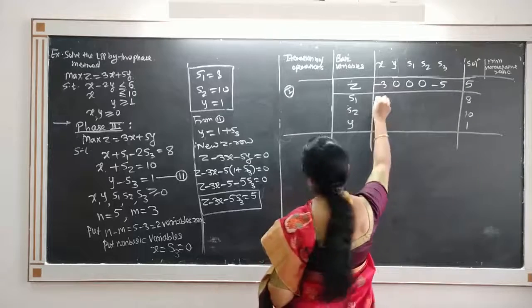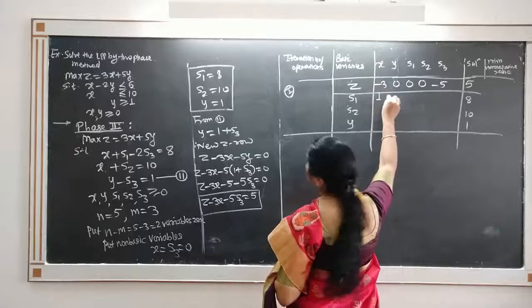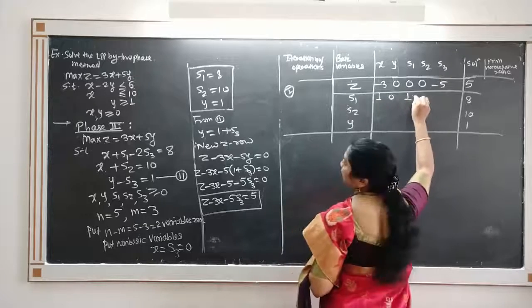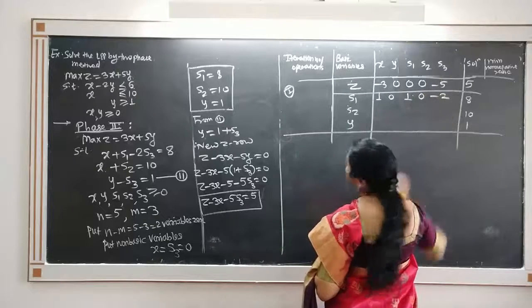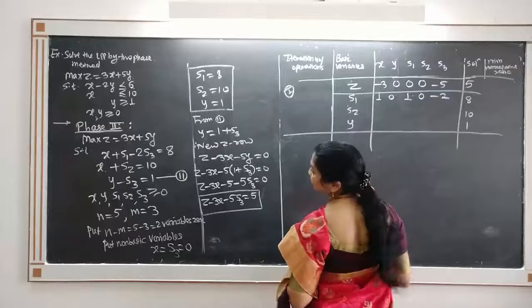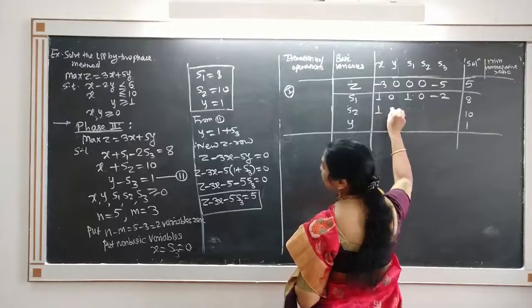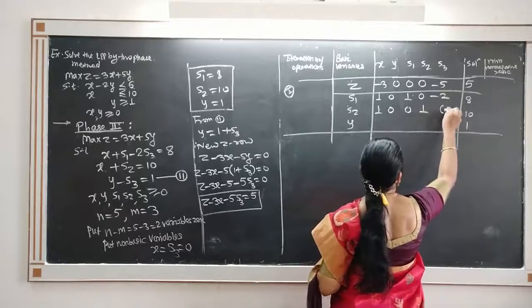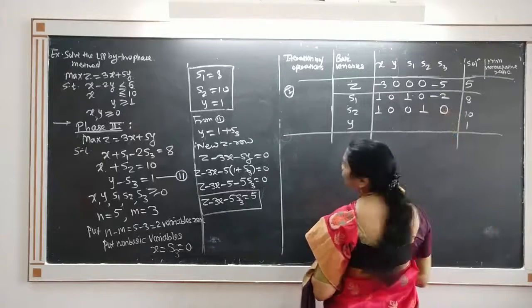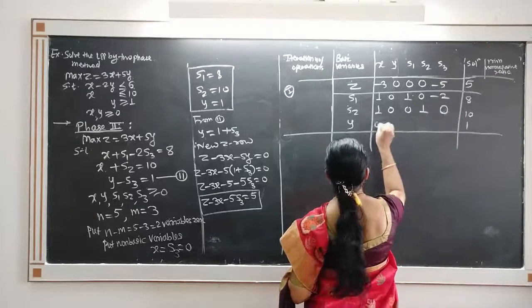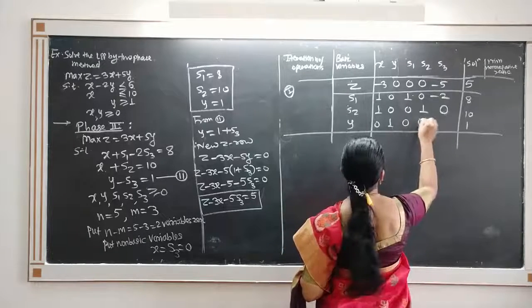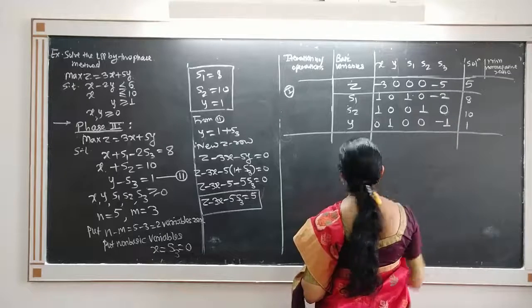The first row gives 1, 0, 1, minus 2 equal to 8. The second row gives 1, 0, 0, 1, 0. And the third row gives 0, 1, 0, 0, minus 1.